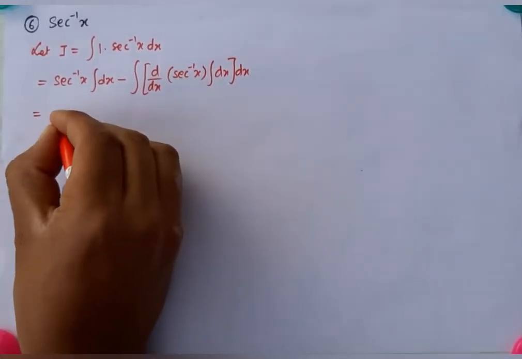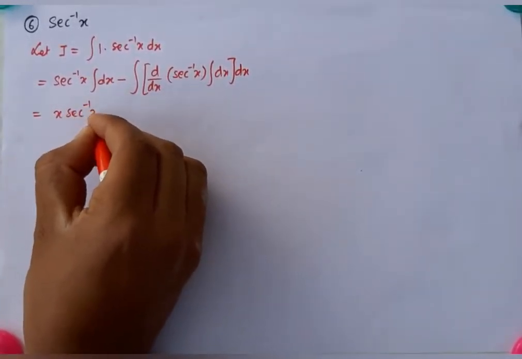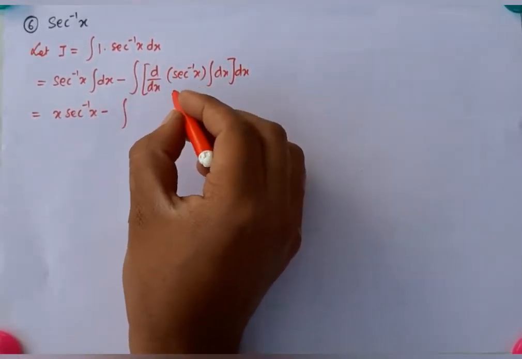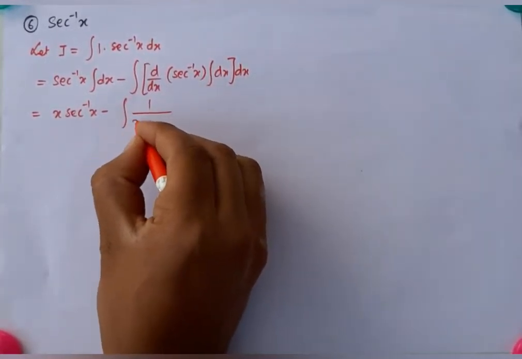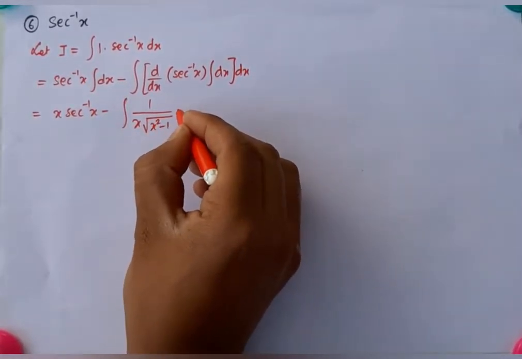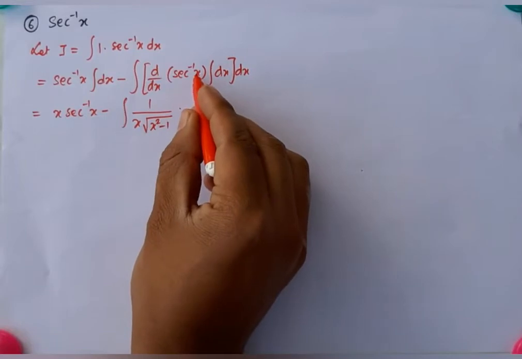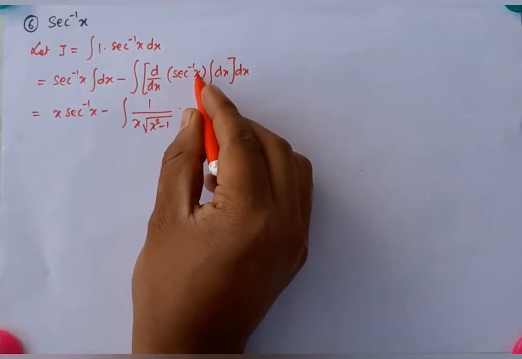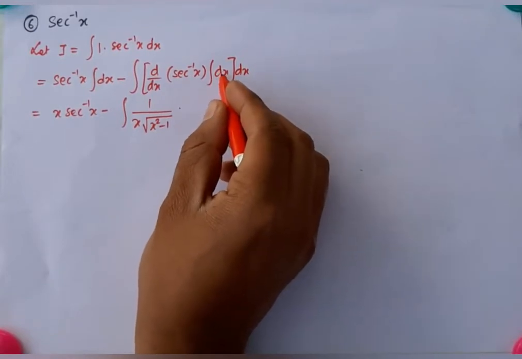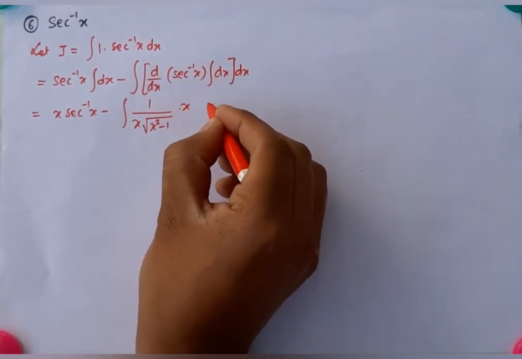So this is x sec inverse x minus, okay, so what is the derivative of sec inverse? It is 1 by x into square root of x square minus 1. Remember this. Now here we don't have 2x, 3x and all. We just have x, so you can leave your answer like this. Now what is the integral of this? This is just x, isn't it?